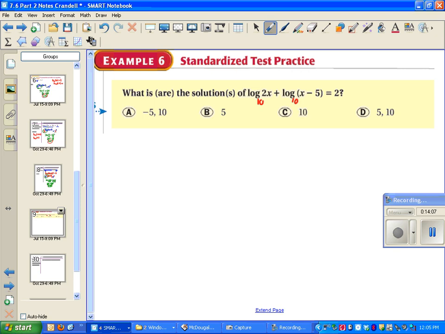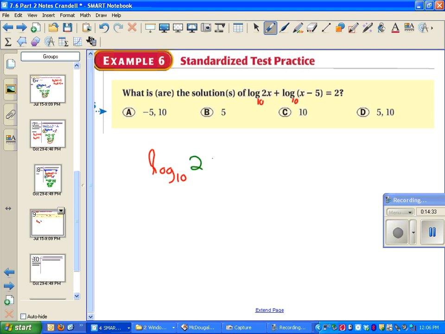That would be illegal in Algebra 2. So is there some way that I could write 2x and x minus 5 into one single log? I just want one single log with base 10. There's some way to combine 2x and x minus 5. Oh, we could condense it. Good job. We can condense it. So how could we condense that?